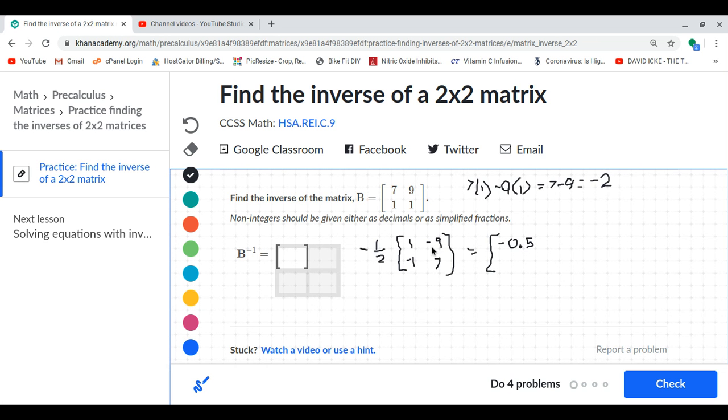That's going to be a positive 9/2, or positive 4.5. And then we do negative 1/2 times negative 1. That's going to be a positive 0.5. And then negative 1/2 times 7 is negative 7/2, or negative 3.5.